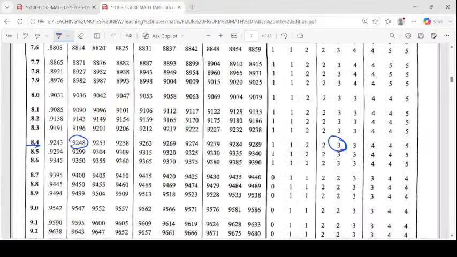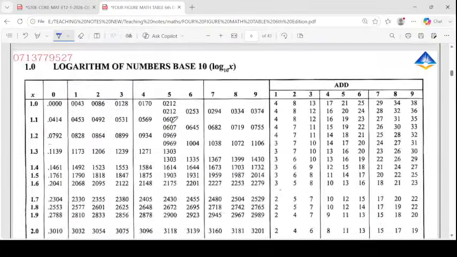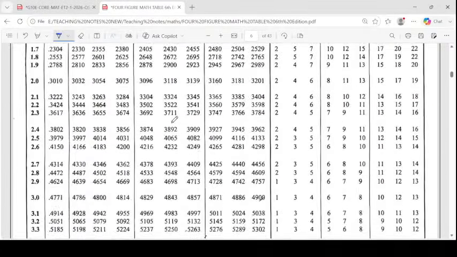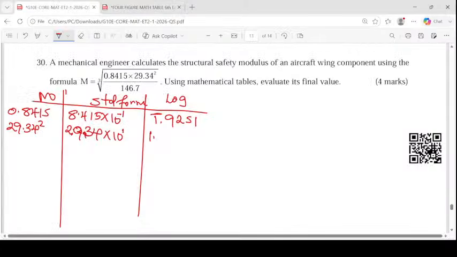We are going to 2.934. 2.9, 3 is here. 46.69, then 4 is here, 6. So when you add 6, this will be 46.75.